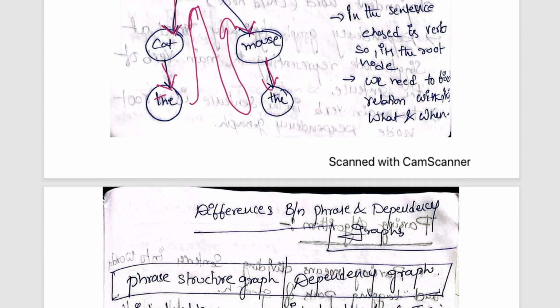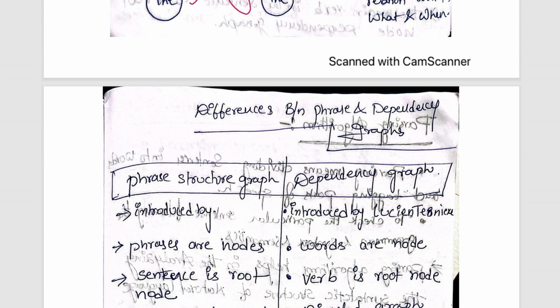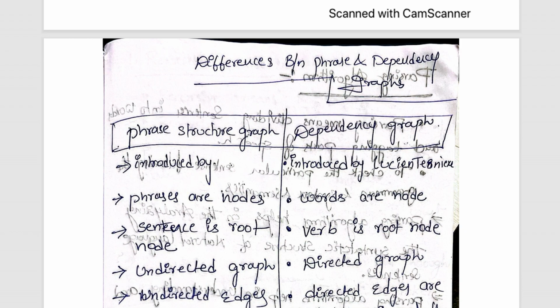And here are some differences between the phrase structure graph and the dependency graph, the same things we explained with Noam Chomsky. Keep those words in mind, and based on them you can make the differences.